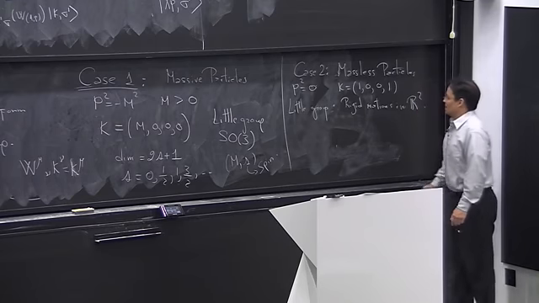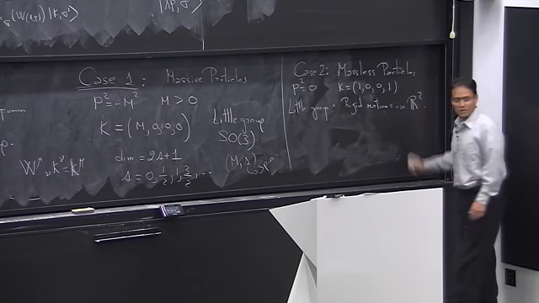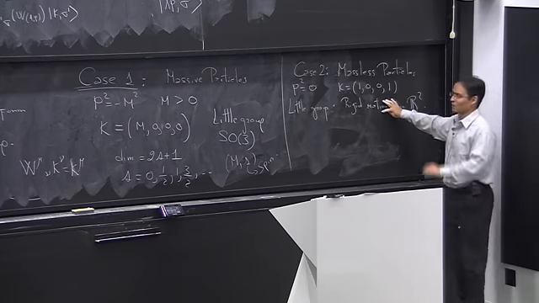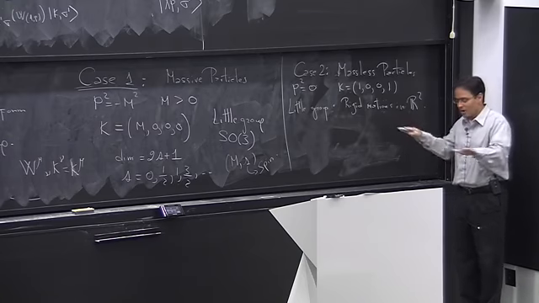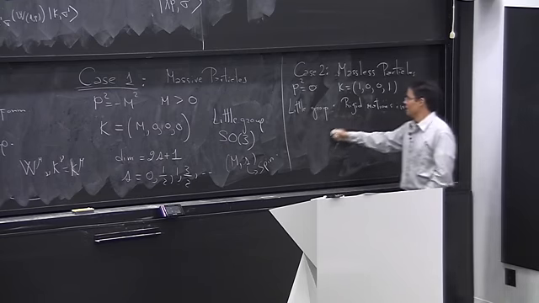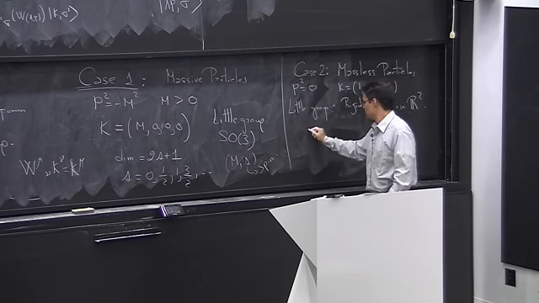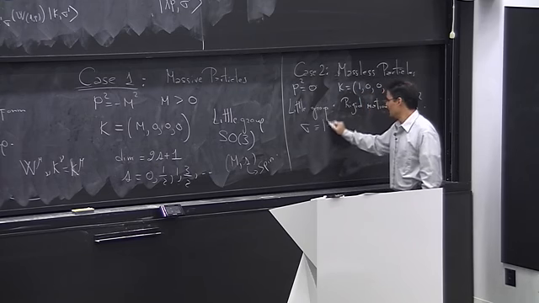Okay? Now, it turns out that the representations of this group are interesting. It's slightly more complicated. It's a baby version of the Lorentz group, in fact, because it has translations. It's somehow the Lorentz group in Euclidean R2. But the representations are labeled by a single label, which is called sigma. This is called the helicity of the particle.